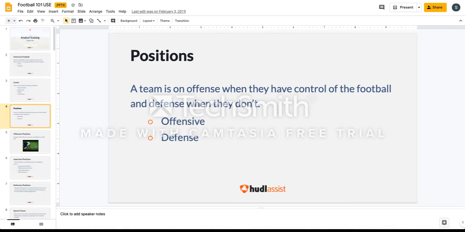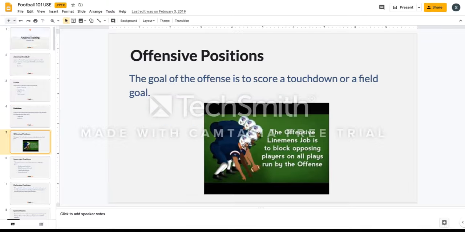Now the positions in which these players are standing on the field for a particular play is very important. So let's move to the next slide. Offensive positions. The goal of the offensive is to score a touchdown or a field goal. So basically the person who has the ball will try to make a goal or try to score.